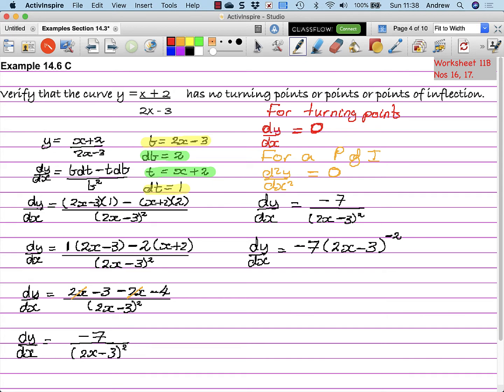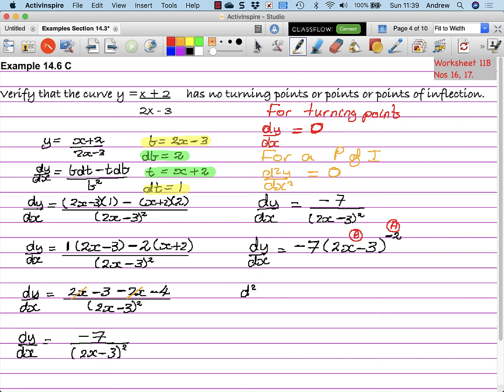When you're using the chain rule in this format, you have to remember that the priority function is the minus 2, and the secondary function is the 2x minus 3, and that we differentiate the priority function first, and nothing else changes. So let's see this in action.